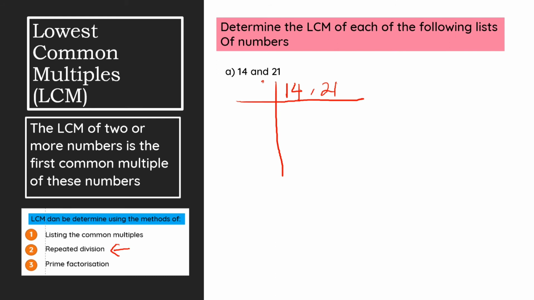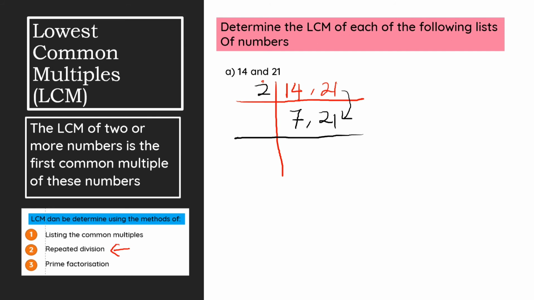I'm going to divide 14 and 21 by 2. Here is 7, and 21 cannot be divided by 2, so I bring down the 21 to the bottom.